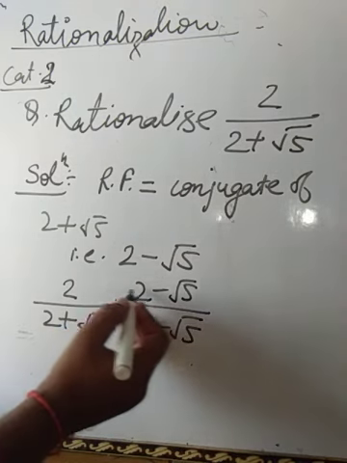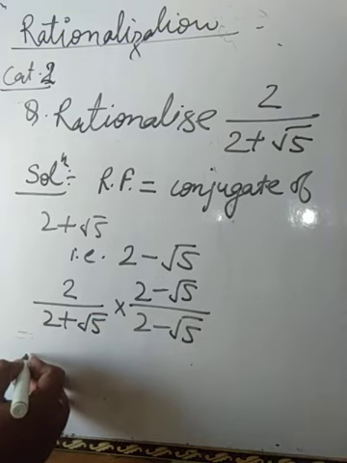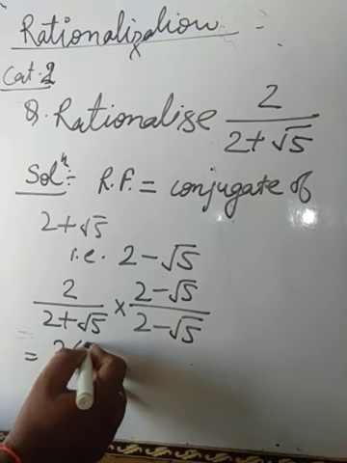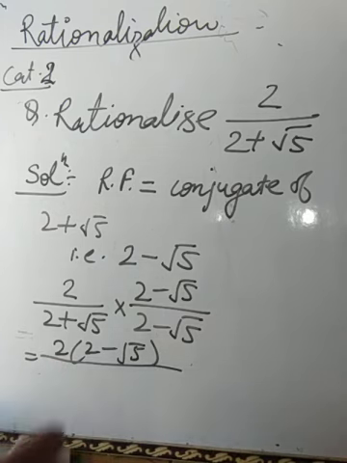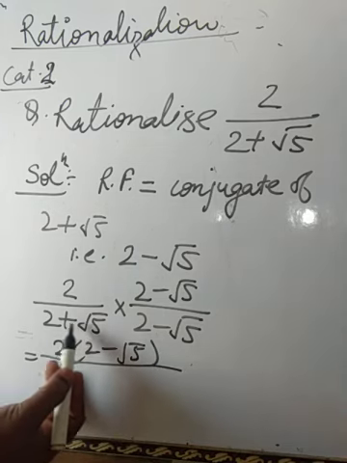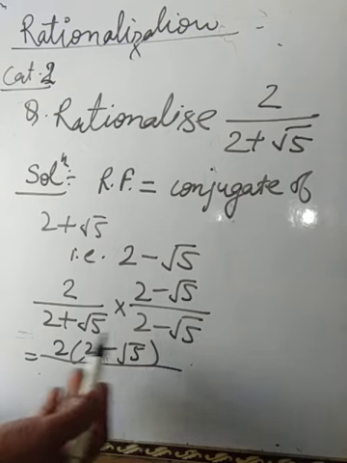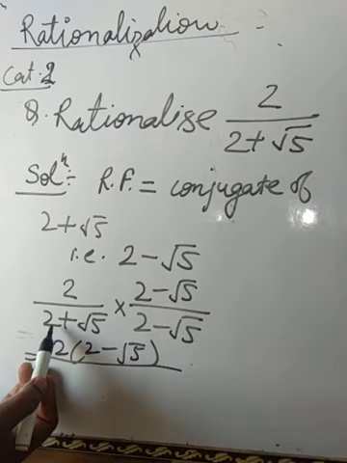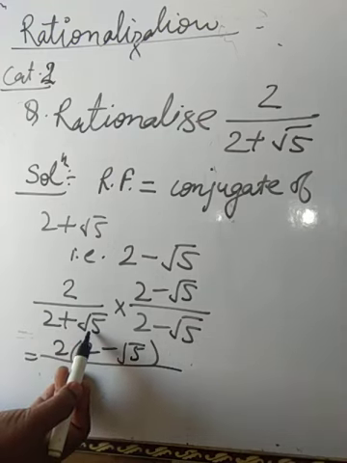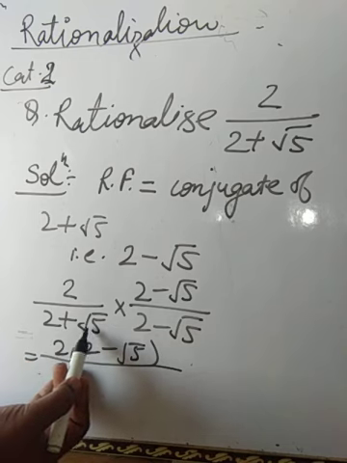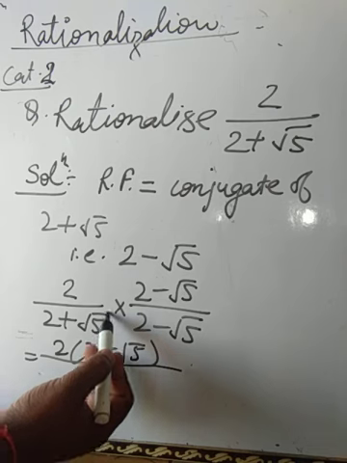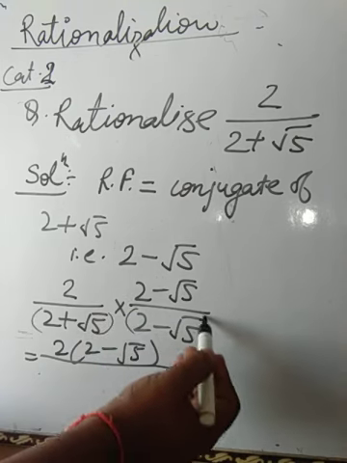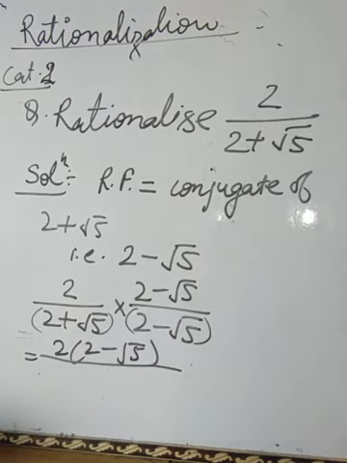So we are not going against the rule of mathematics, right? Do this one, 2 into 2. So we can write this as 2 minus root 5 upon, see this, a plus b, a minus b. We can consider 2 as the first term, root 5 as the second term. The first term plus second term, and here first term minus second term. So the product of these two should be equal to the square of the first term minus the square of the second term.